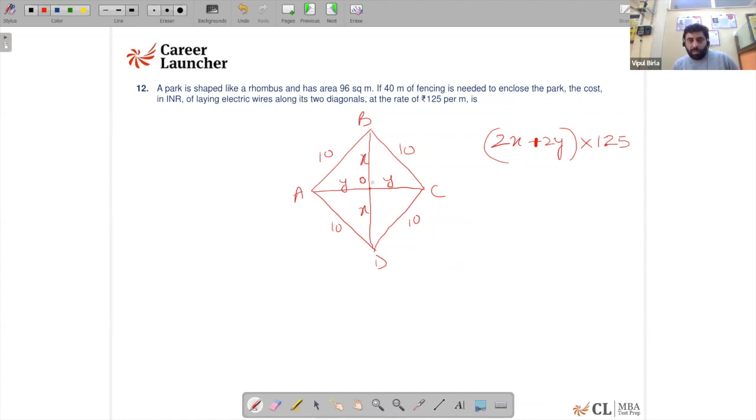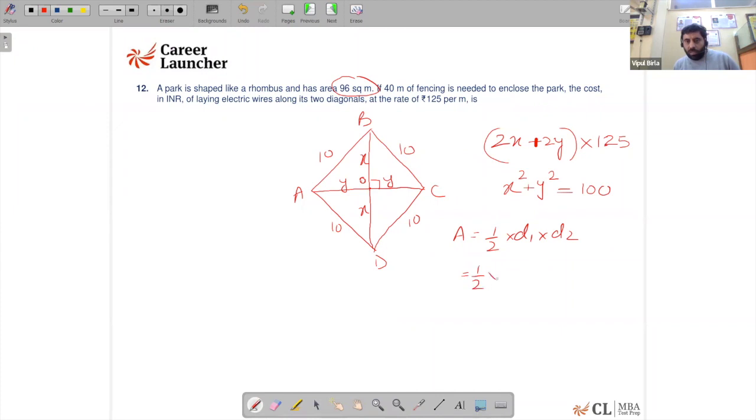Now we know in the case of a rhombus, diagonals are perpendicular bisectors of each other. So applying the Pythagoras theorem to triangle BOC, I end up getting x square plus y square is equal to 100, which is 10 square, right? And they've mentioned that the area is 96, and area is half into the product of the two diagonals, so area is half into d1 into d2 in the case of a rhombus.